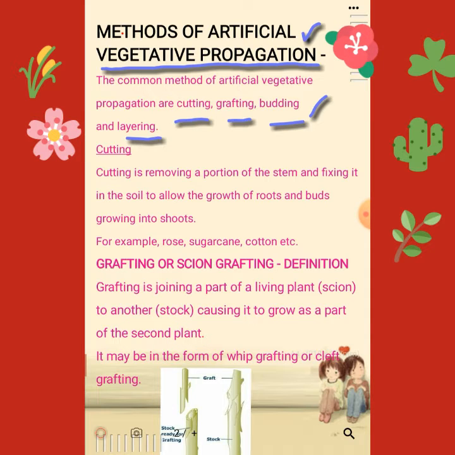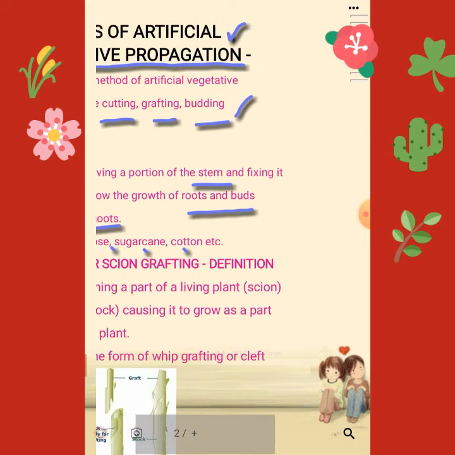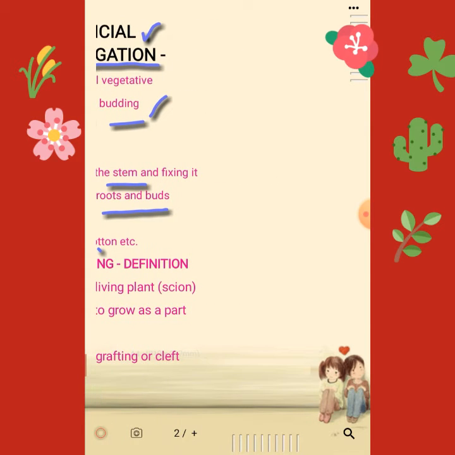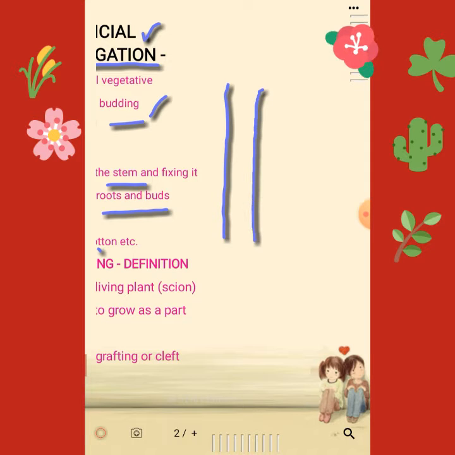So coming to the cutting process, cutting is removing a portion of stem and fixing it in the soil to allow the growth of roots and buds growing into the shoot. For example, rose, sugarcane, cotton plants can propagate by using stem cuttings. What happens in the process? Generally, sugarcane, you all are aware of that structure, the stem part is having nodes, right?